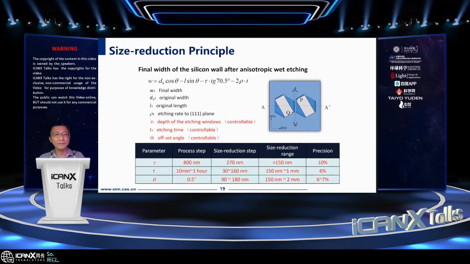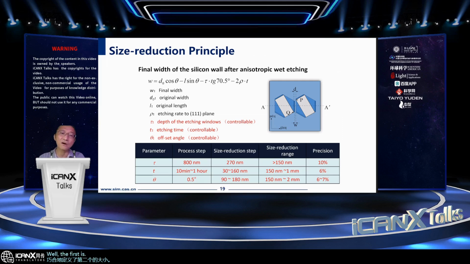So here is how we can control the process to reduce the size of the silicon nanowire. You can read the declaration of how we defined the width of the silicon wire. And we generally use three coefficients to define the size of the silicon wire.